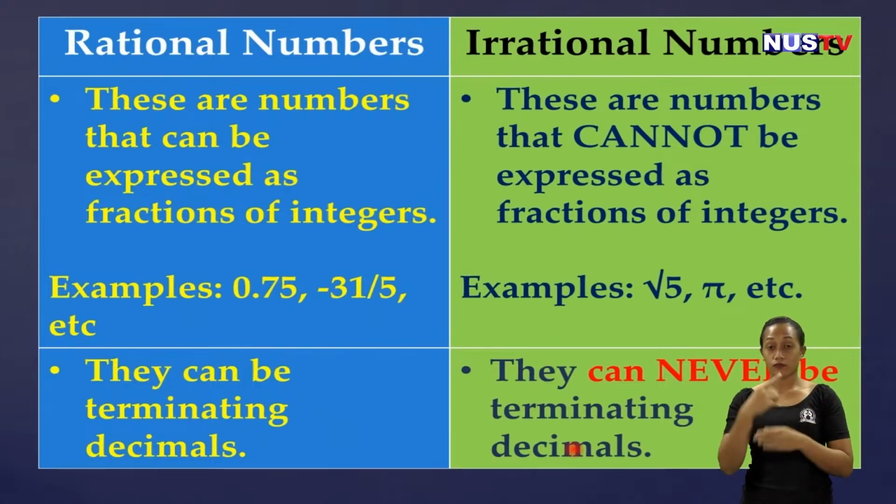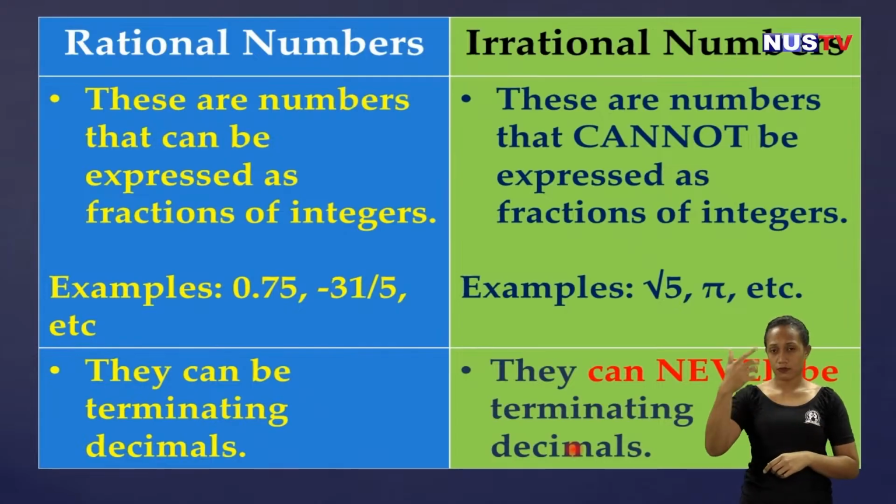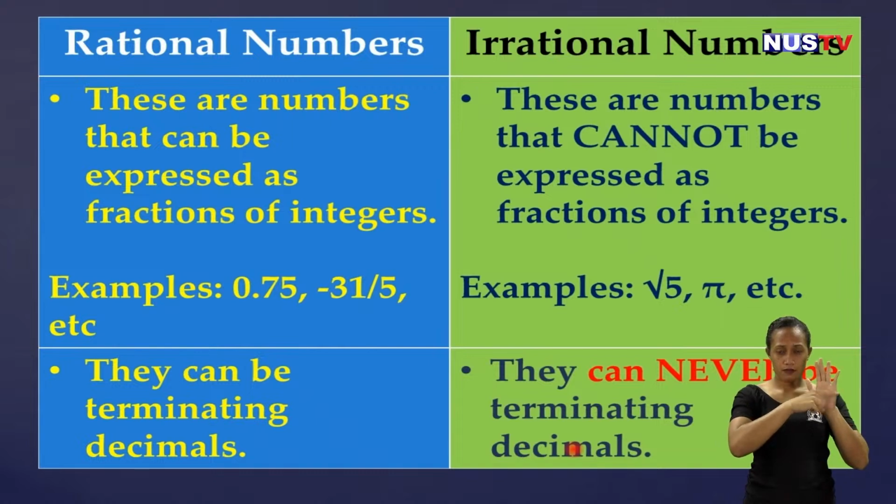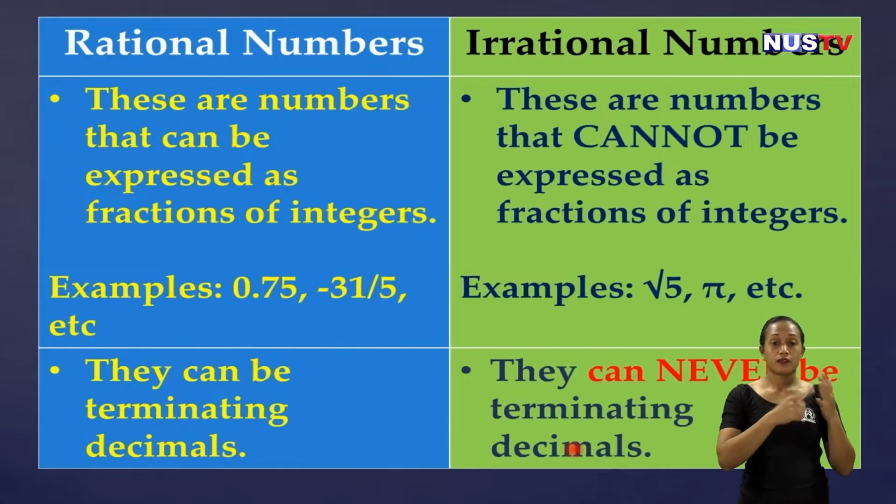Examples: 0.75, -3, and 1/5, etc. Irrational numbers on the other side, these are numbers that cannot be expressed as fractions of integers. Examples: √5, pi, etc.